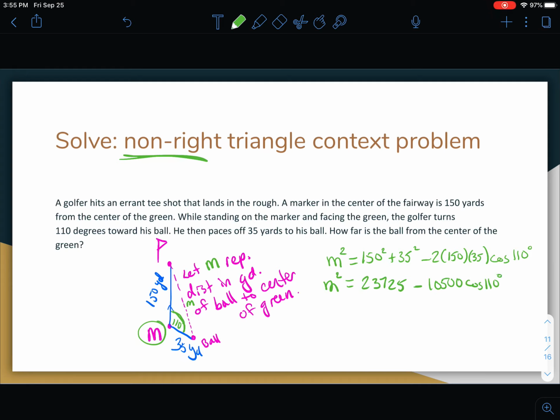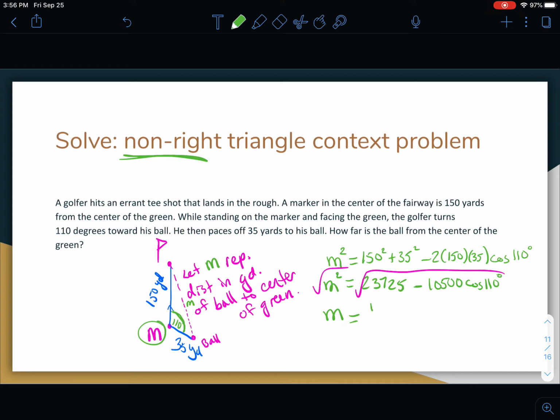I'm going to take the square root of both sides, so I'm going to put this whole thing under a radical, because what I'd really like to do is type this all in the calculator at once. I'm going to be really careful with my parentheses to make sure I get everything in. So I have 23725 minus 10,500 cosine of 110.